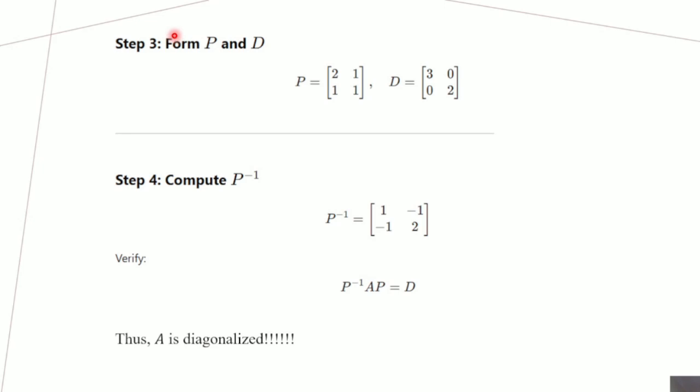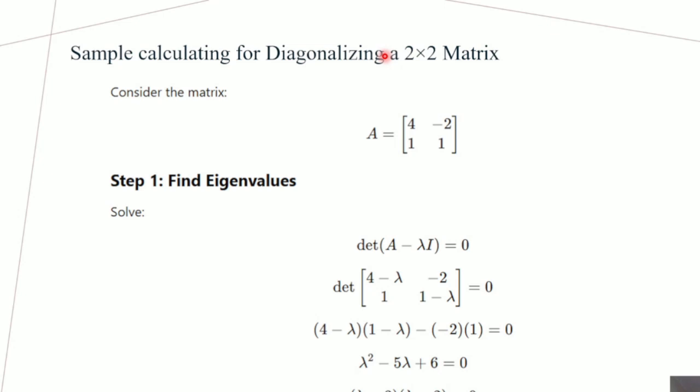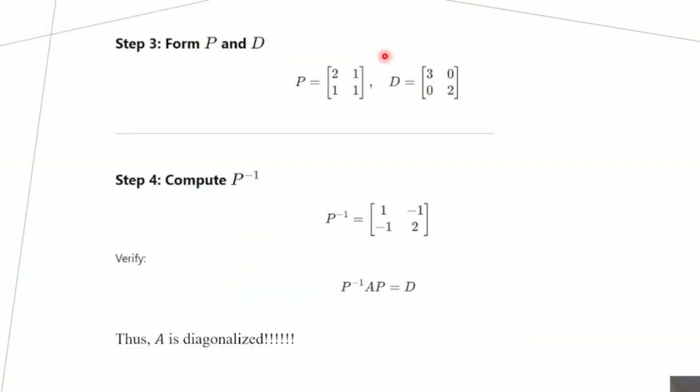And then form the values of P and D. For the P value, [2, 1; 1, 1]. D value equal to [3, 0; 0, 2]. And then compute P inverse equal to [1, -1; -1, 2].